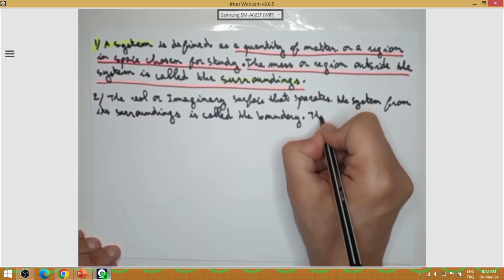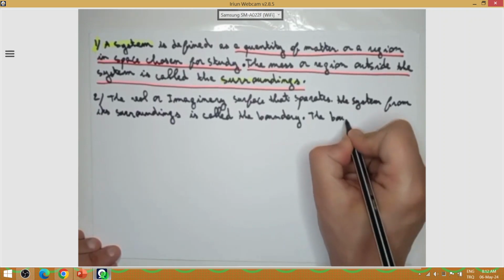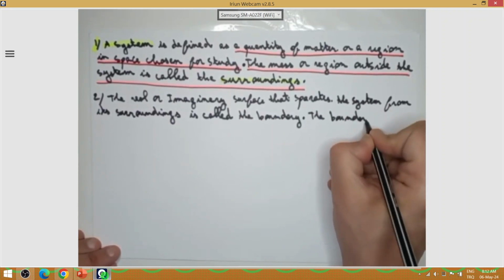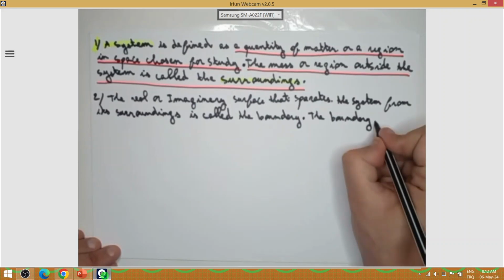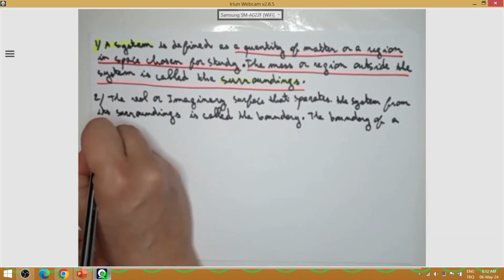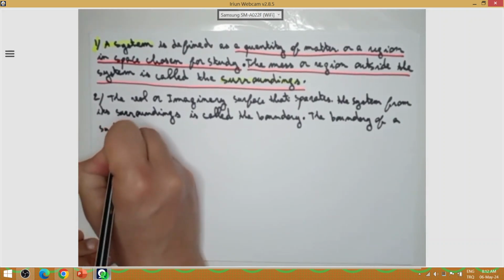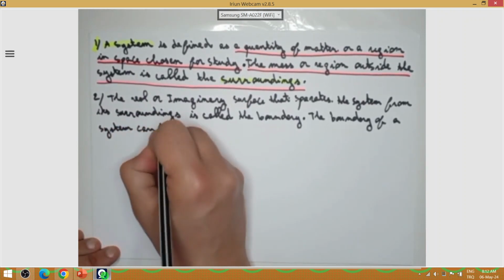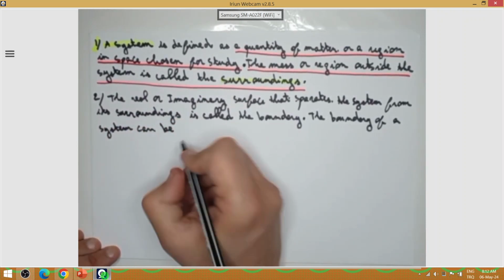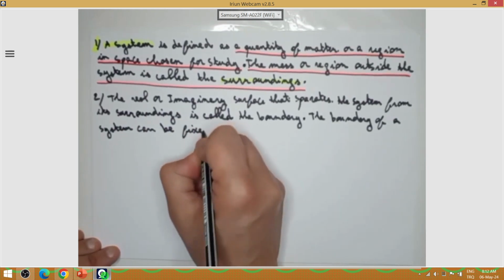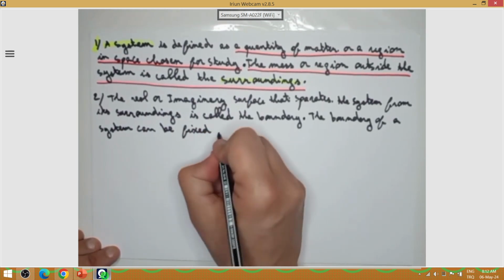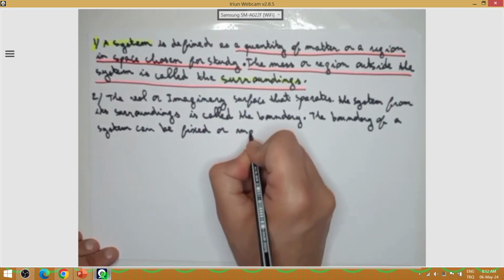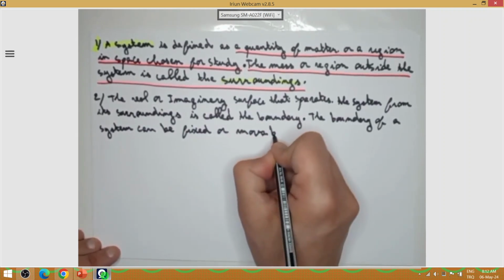The boundary of a system can be fixed or movable.